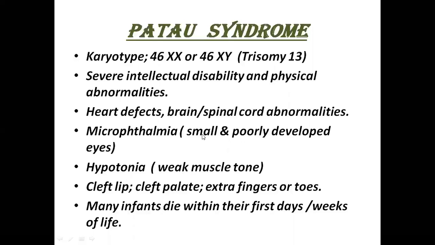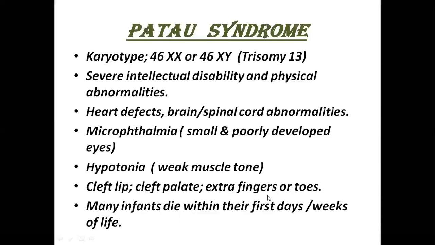Then they have very small and poorly developed eyes, what we call microphthalmia. Then they have very weak muscle tone called hypotonia, and they have extra fingers and extra toes.